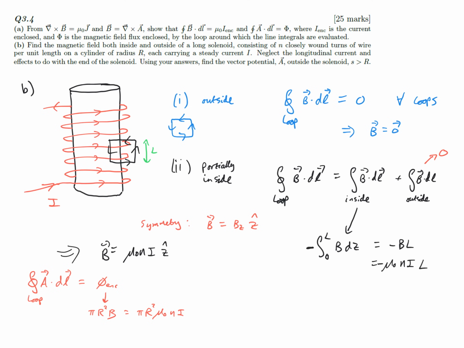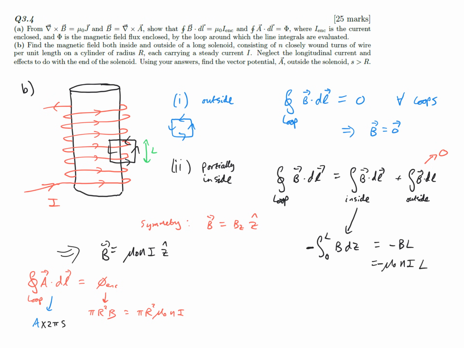And what that gives us in the end is we can take out the vector potential A from this expression and multiply it by the circumference of the circle. And the loop is going to be of some radius s. So the loop here has a circumference of 2 pi times s.